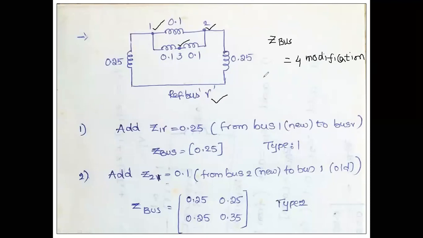Before starting the solution for the given problem, you have to know clear-cut explanations regarding type 1, type 2, type 3 and type 4 modifications. You need to know all these types of modifications, then only you will get the new Z bus. That is the only thing you need to remember here.